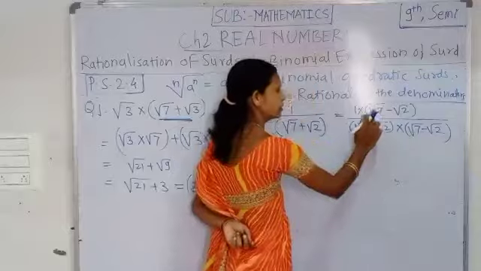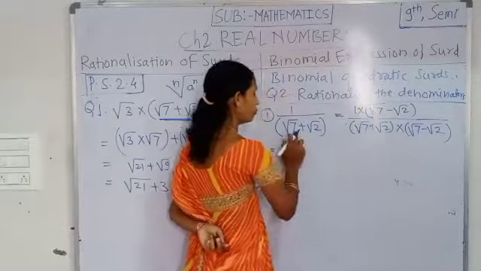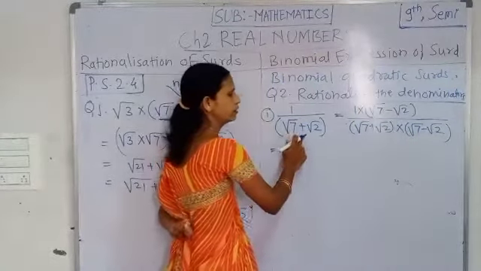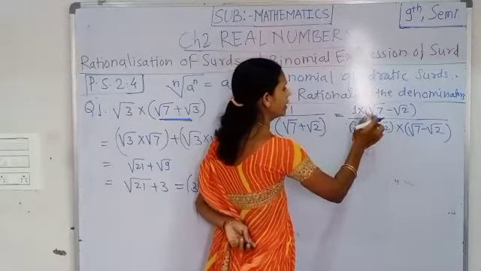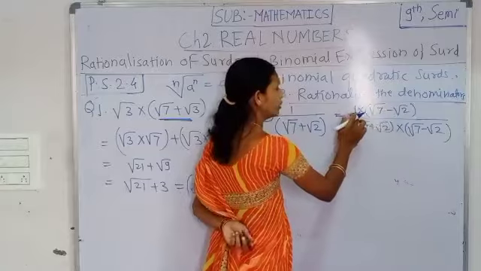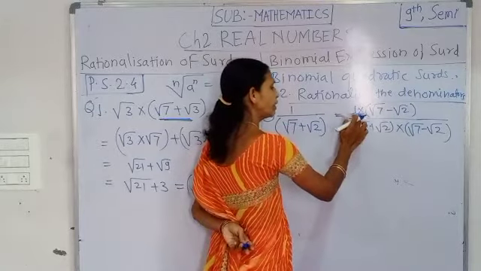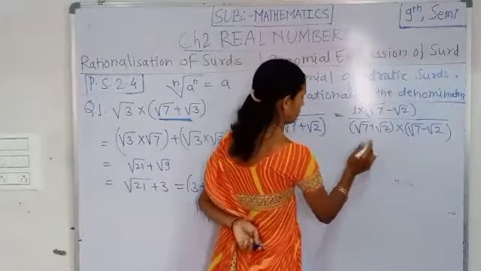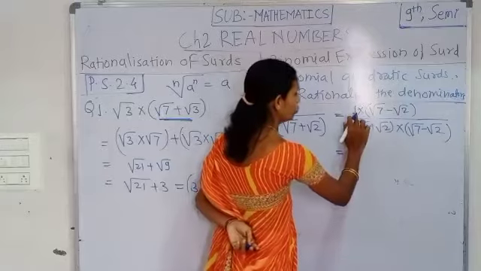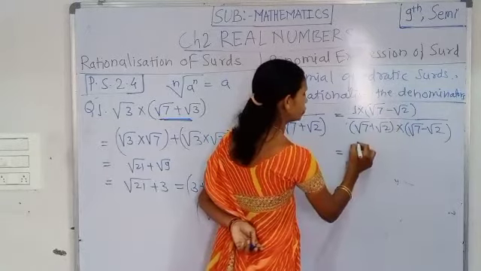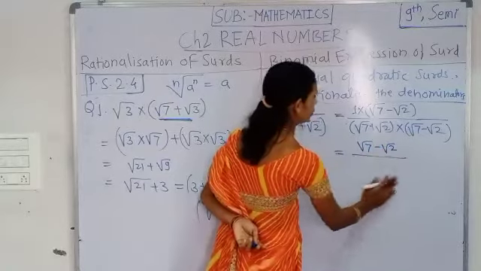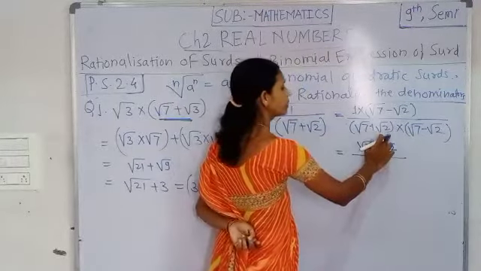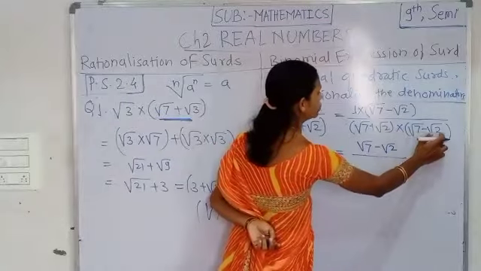That is, we multiply the conjugate pair to numerator as well as to denominator. Therefore, here 1 into root 7 minus root 2, that is root 7 minus root 2 upon root 7 plus root 2 into root 7 minus root 2.